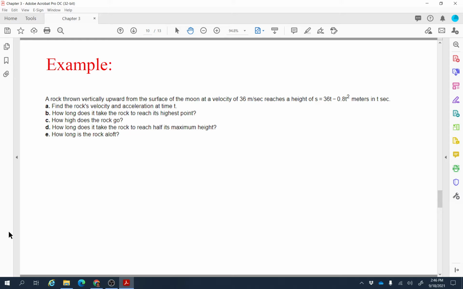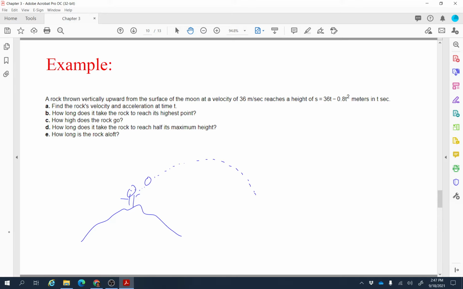Okay, so let's say you are standing somewhere on top of a mountain, and you are throwing a rock. When you throw the rock, it will follow some kind of path.